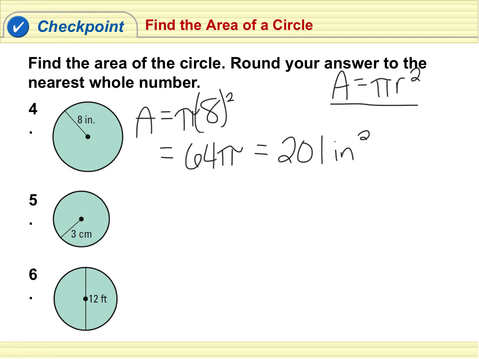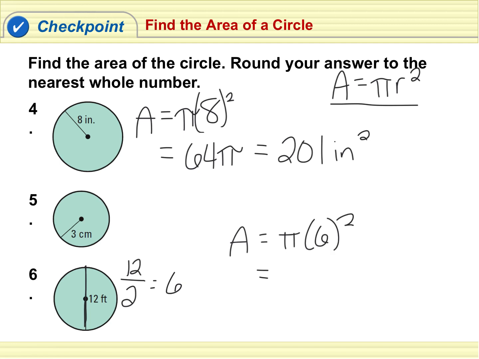Good. I want to jump to number 6. How is number 6 different than number 4? Because it's the whole thing. We want the radius. How do I find the radius? 12 divided by 2. So we get 6 for the radius. Plug that into the formula.